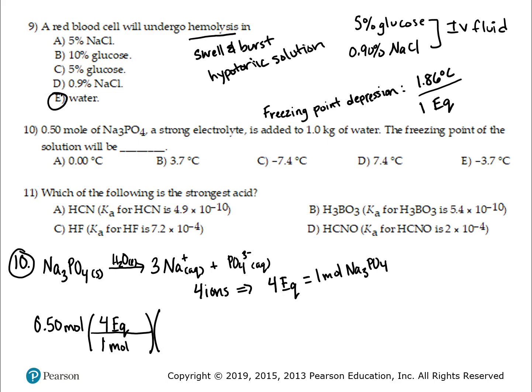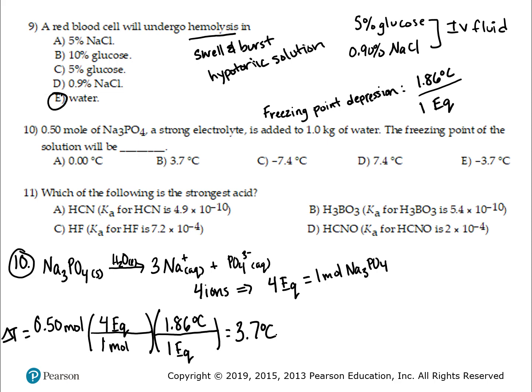So for every 1 equivalent, you have a 1.86 degrees Celsius drop in your temperature. So we're calculating the change in temperature right now. That gives you 3.7 degrees Celsius.